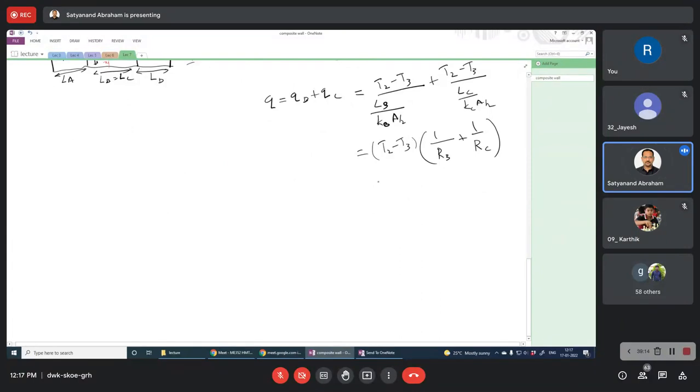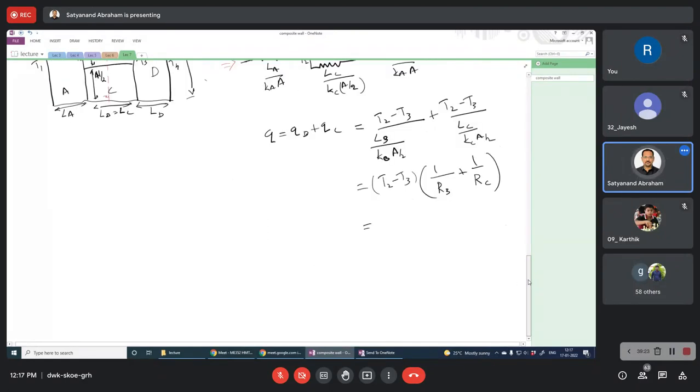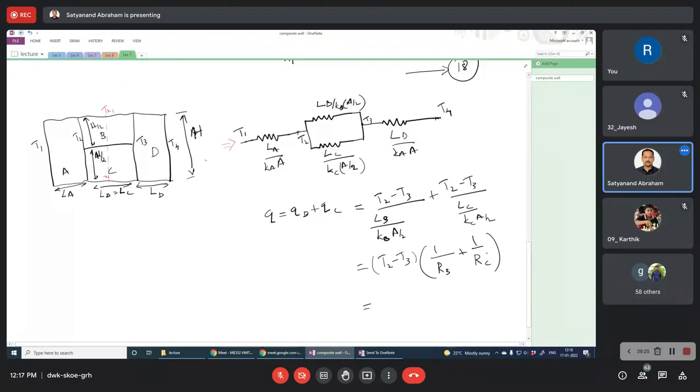So therefore, in this middle section, the effective resistance comes as 1 by RB plus 1 by RC.